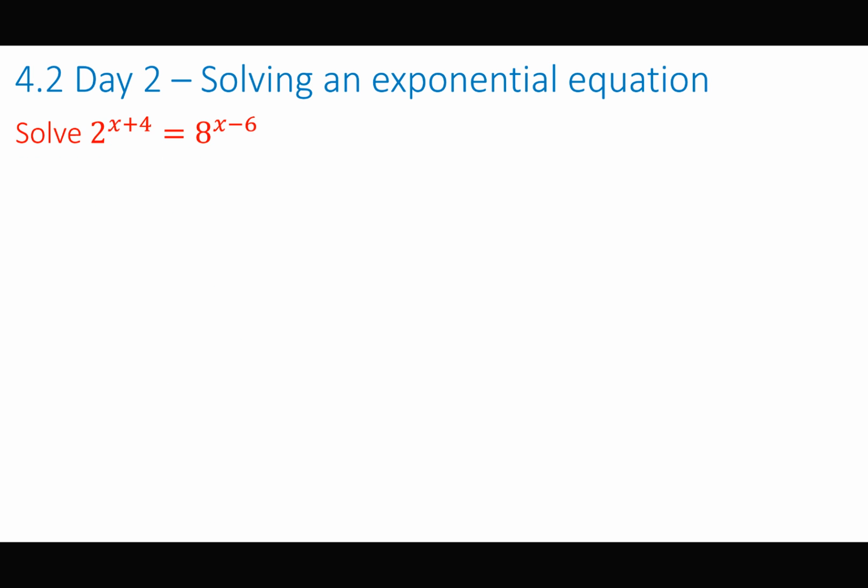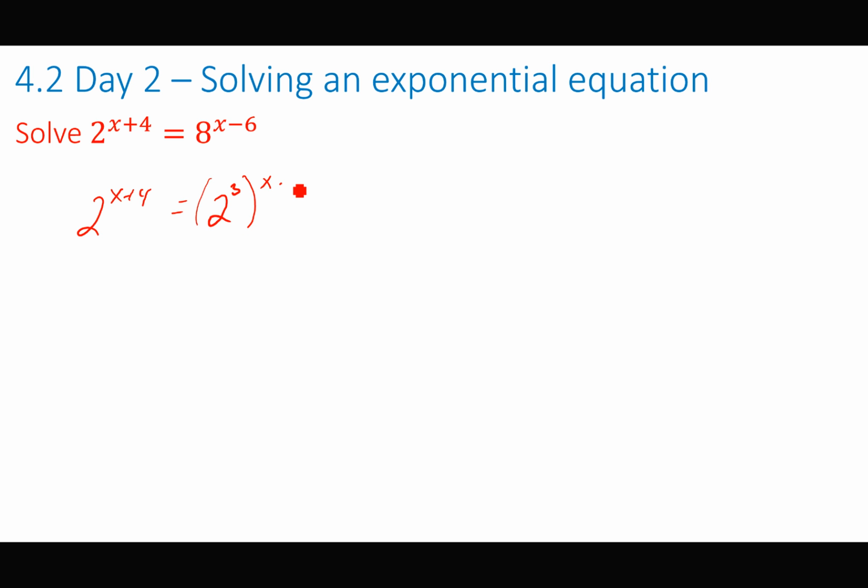Okay, let's look at another one. 2 raised to the x plus 4 equals 8 to the x minus 6. Same thing here. We want to get this to be the same base. So I know if I want to write this with a base of 2, this 8 is really 2 cubed.